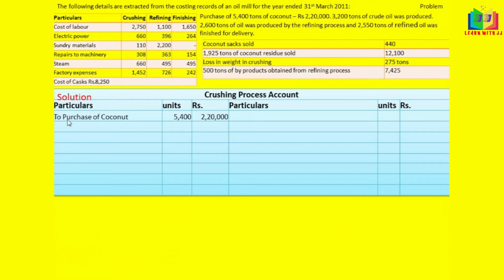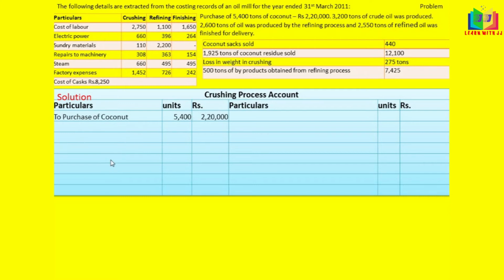First, we write the purchase of coconut, 5,400 tons, and the cost price is 2,20,000. Next we write all these expenses on the debit side: cost of labor, electric power, sundry material, repairs to machinery, steam, factory expenses. All these expenses come under process 1, the crushing process.